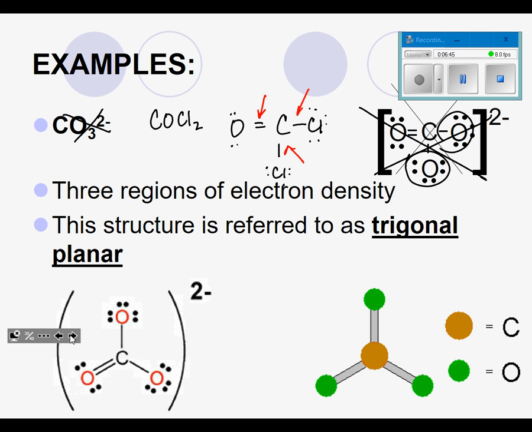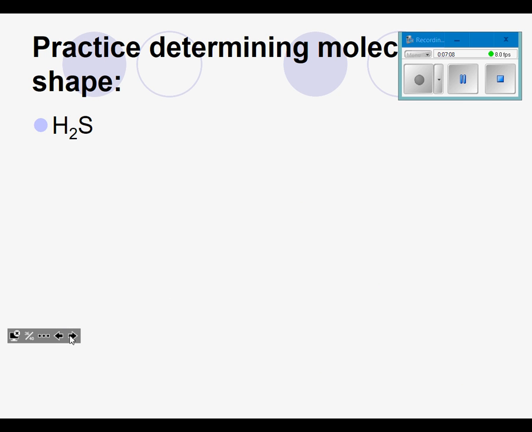You can say it either way. But this is going to be a little bit different than the tetrahedral in the fact that we only have three elements bonded to the central atom, but there are no lone pairs. Whereas on the pyramidal, we had three bonded and one lone pair. So you just have to pay attention to how many elements are bonded to your central atom and how many lone pairs there are. So let's practice.